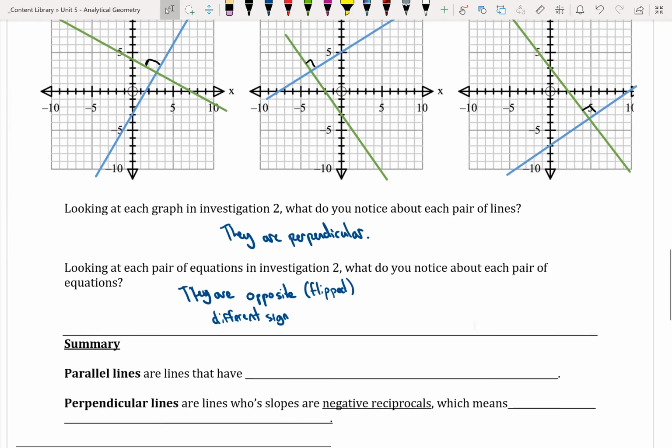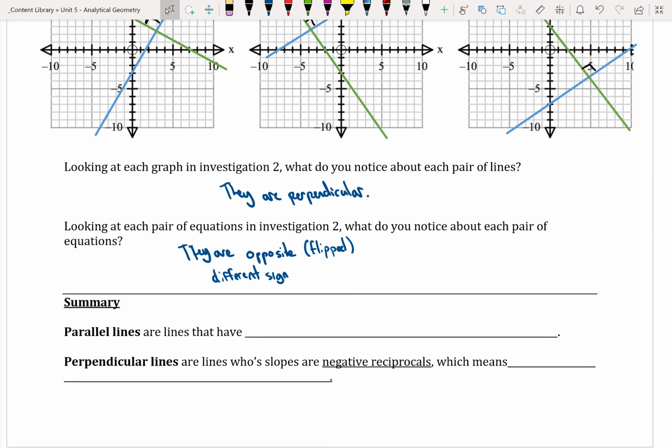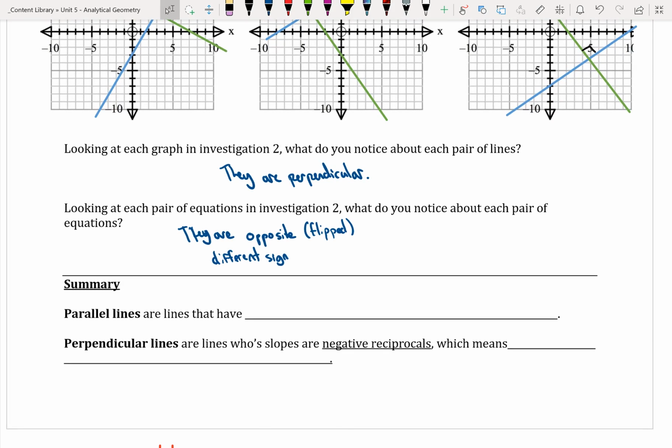So as a summary, what can we conclude about parallel lines? Parallel lines are lines that have the same slope. So if you look at an equation of a line and you're trying to find a line that's parallel to it, it should have the same slope, the exact same number. What do we notice about perpendicular lines? Perpendicular lines are lines whose slopes are negative reciprocals.